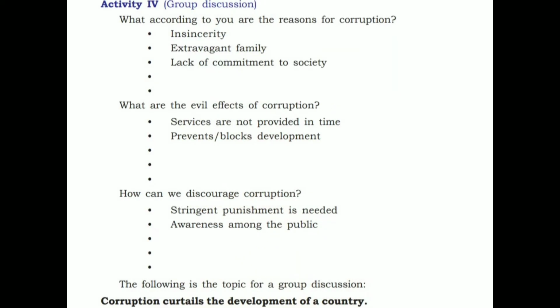Now, activity four, group discussion. You all know here we want to express our own views. So, as we are presenting a speech, we have to prepare a paragraph. Okay, so that is what actually we have to do here.